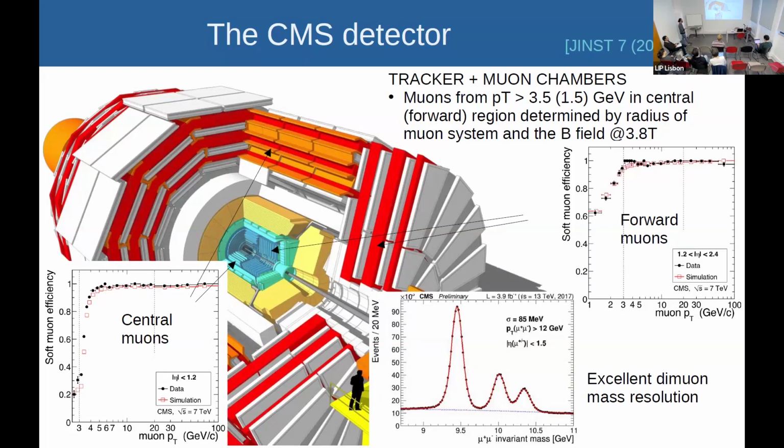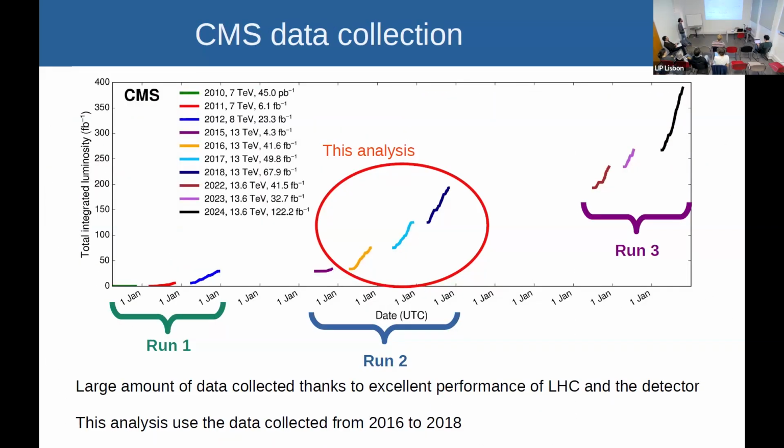We have an excellent resolution on the momentum, and that translates into an excellent resolution on the muon mass. You can see an example for the Upsilon system of the resolution that we managed to achieve, of the order of less than 100 MeV. These are all critical qualities in order to have a good analysis, a good measurement for our decay.